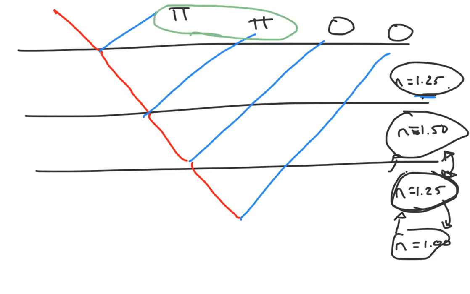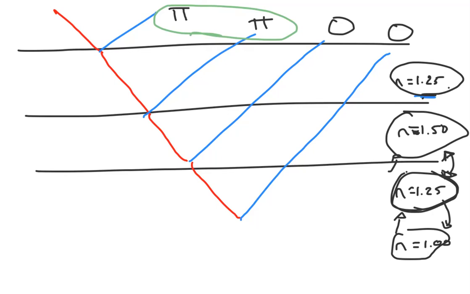The pi and the pi. So they both went through phase changes. So that means they both flipped.